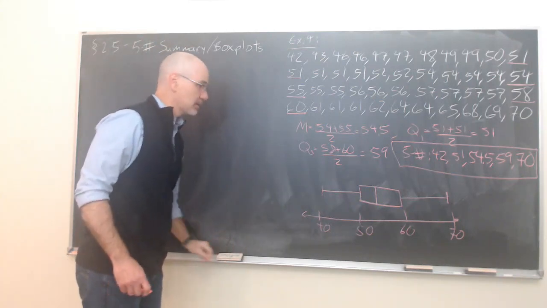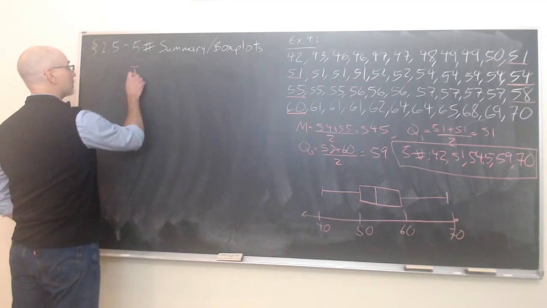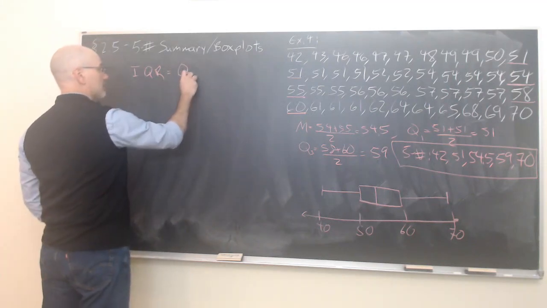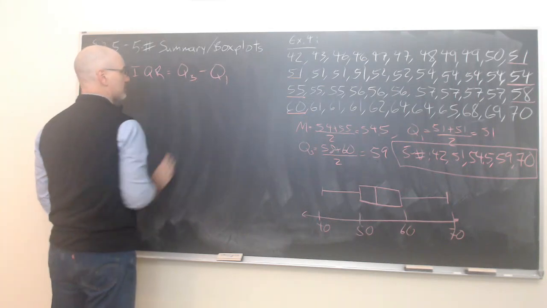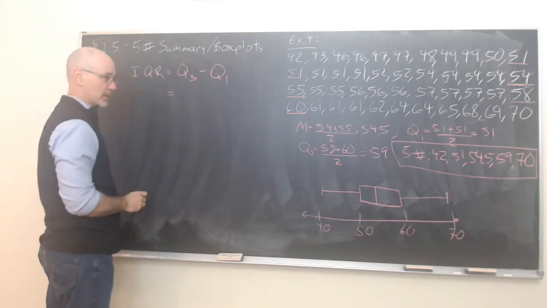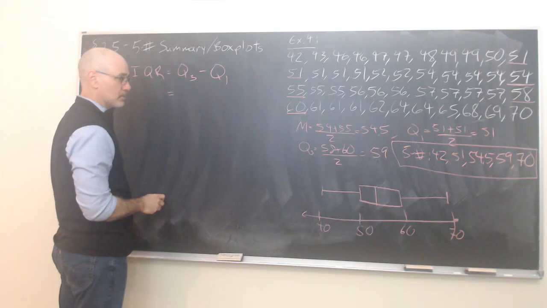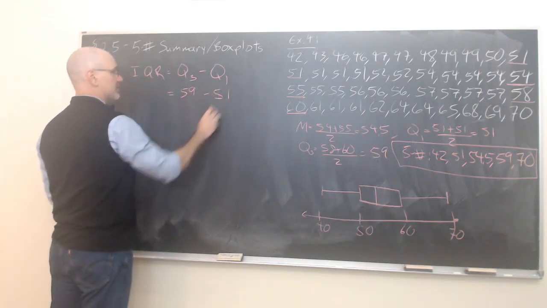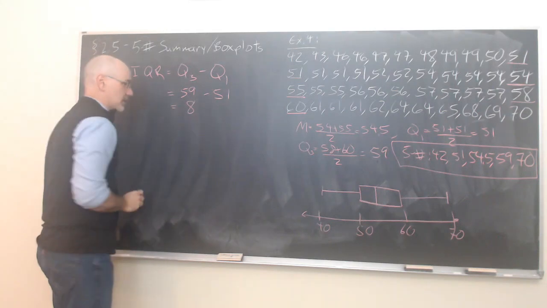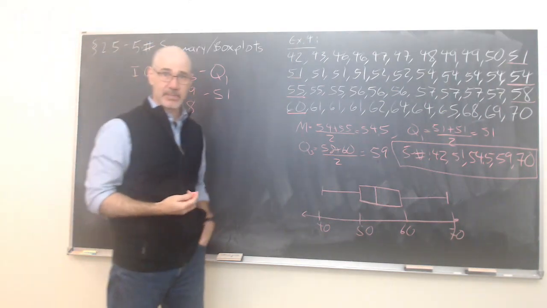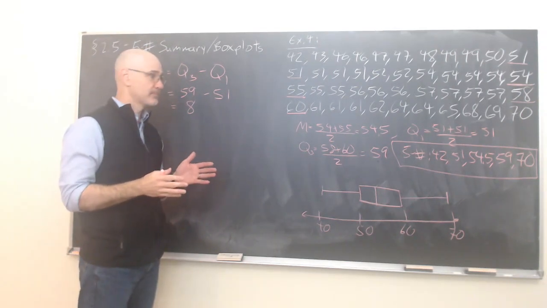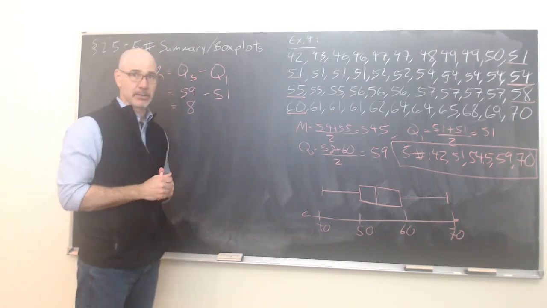So the interquartile range is how far from Q3 to Q1. So Q3 is 59, Q1 is 51. So the interquartile range is 8, and that means that the middle 50% of our data falls in a range of about 8 years.